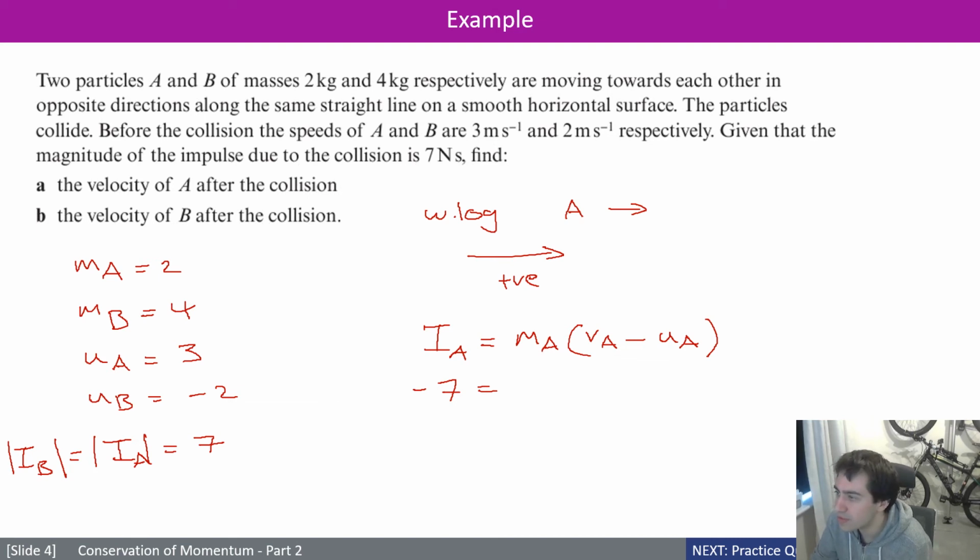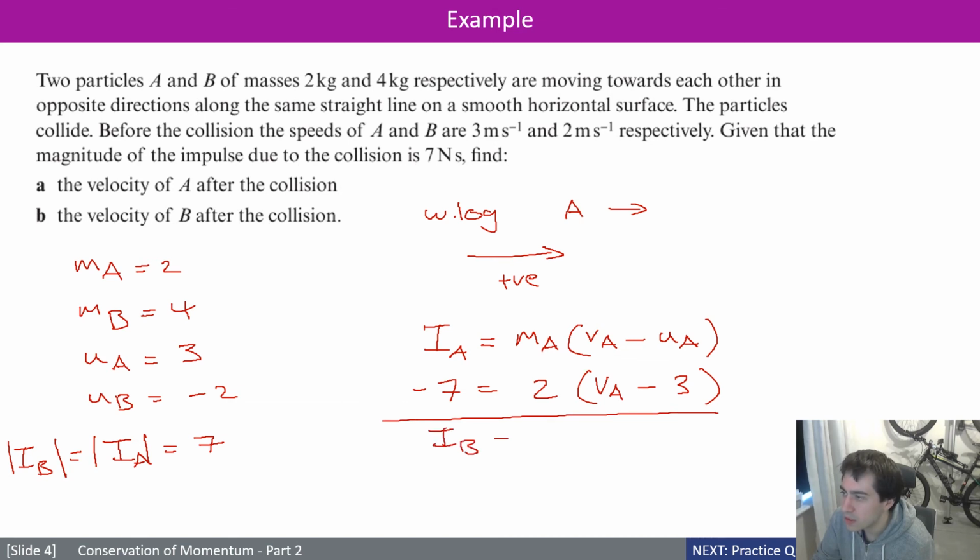We've got minus 7 equals 2 times, and then V of A we still don't know, but U of A we know is 3. And likewise, the impulse on B is its mass multiplied by its final velocity minus its initial velocity. And that in this case is going to be 7, right?